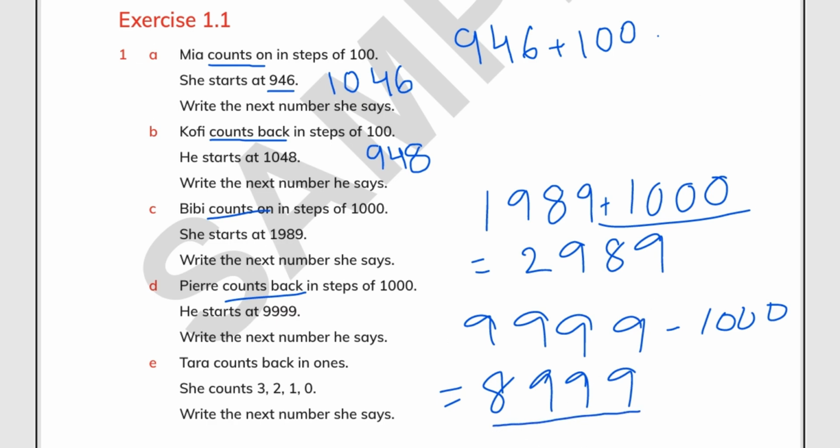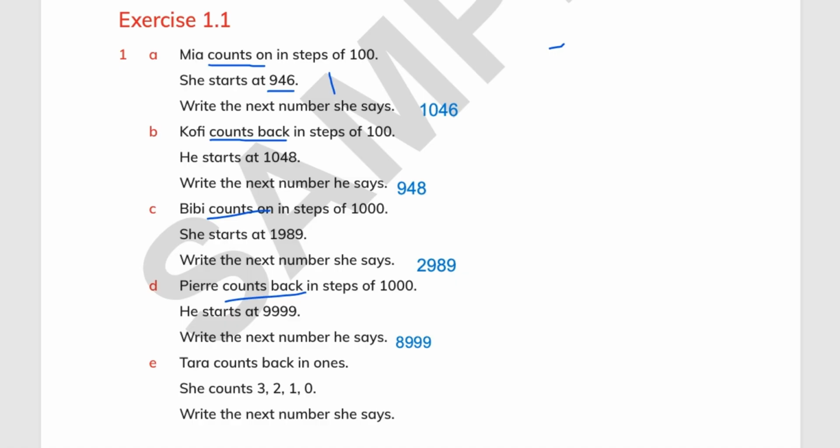Tara counts back in ones. Now Tara counts back means backward counting, simply in ones. Write the numbers she says. She counts from 3 to 0. So for this we will draw a number line. This is 0 on the number line. 1, 2, 3, 4.